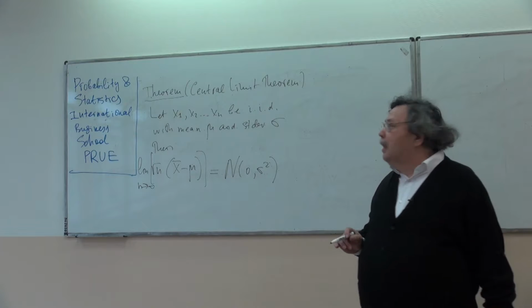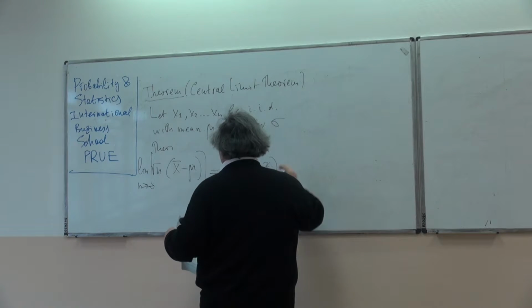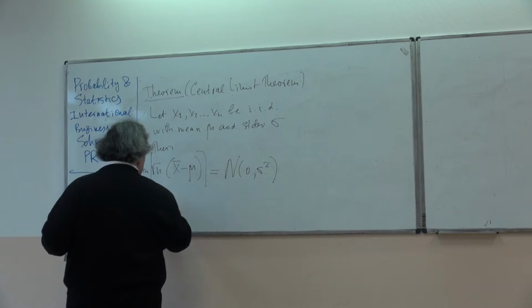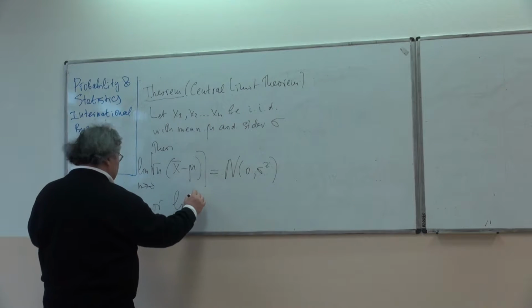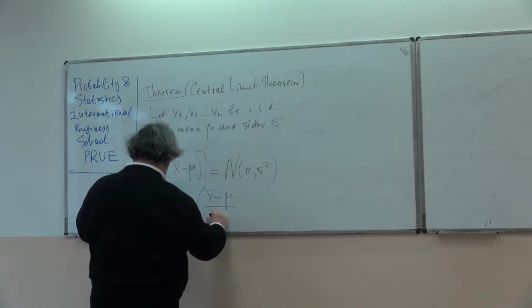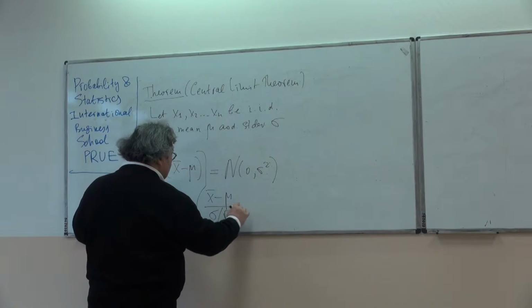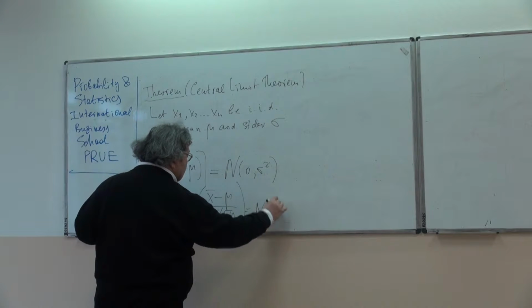And an equivalent formulation of this is: the limit as n approaches infinity of (x bar minus mu) divided by sigma over root n is N(0, 1).